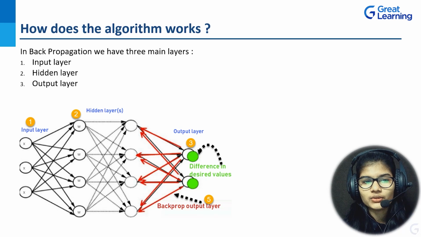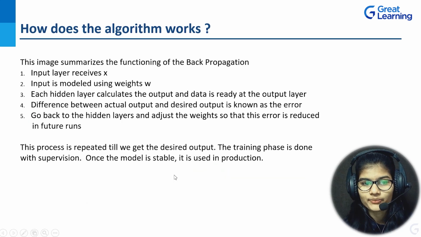As we mentioned, in backpropagation you have three main layers: your input layer, your hidden layer, and your output layer. So I would summarize that very quickly. Your input layer receives the X. Next, your input is modeled using the weights, that is the W. After that, each hidden layer calculates the output and the data is ready at the output layer.